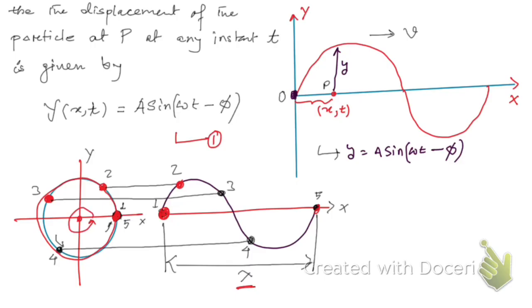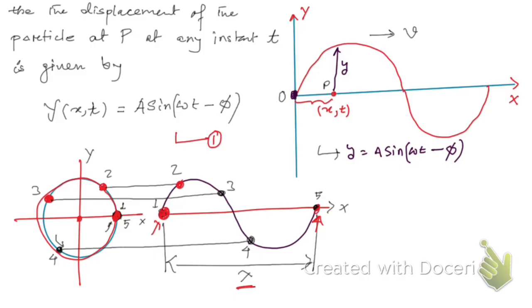After completing this 2 pi angle, the wave starting from position 1 to 5 travels a distance equal to its wavelength, right? That means we can say that the phase difference between these two particles is equal to 2 pi, right? Hope you have understood this.